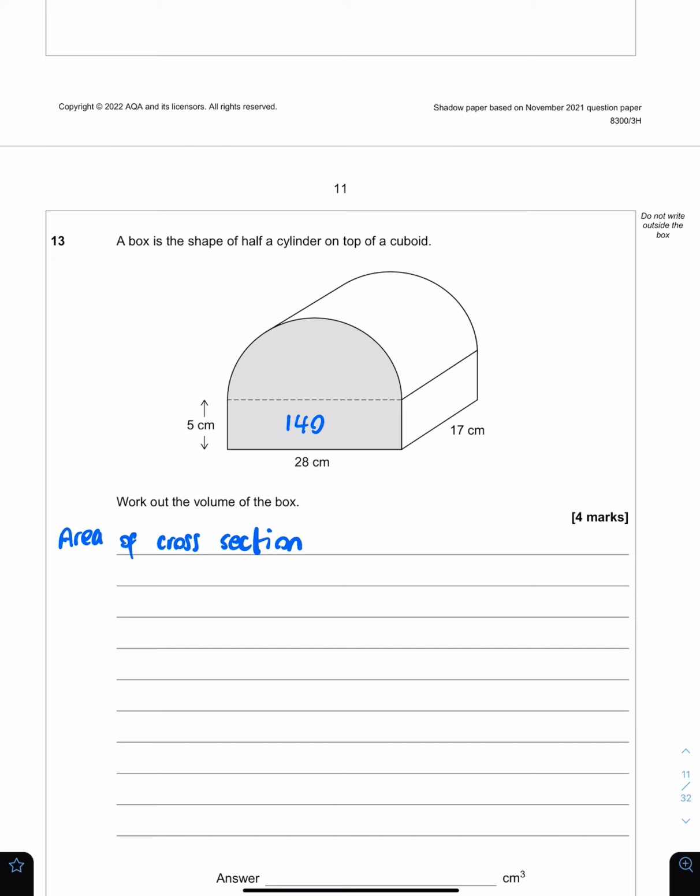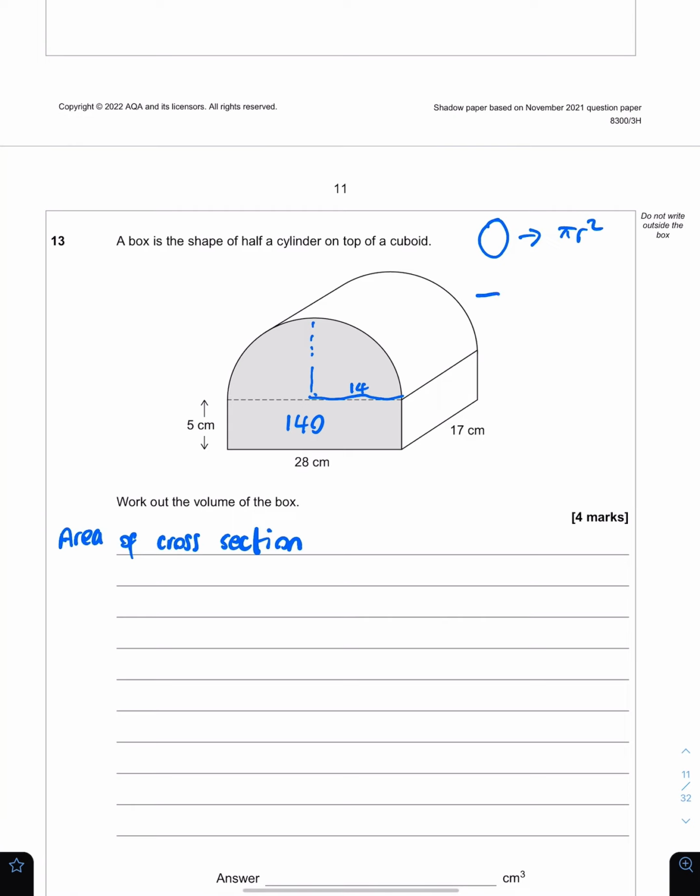Now, it appears that we don't have enough information, but we do know that the 28 is also the same 28 along here, which is the diameter, right? That's going to be the diameter. So therefore, the radius is going to be 14. And we know that the area of a circle is pi r squared.